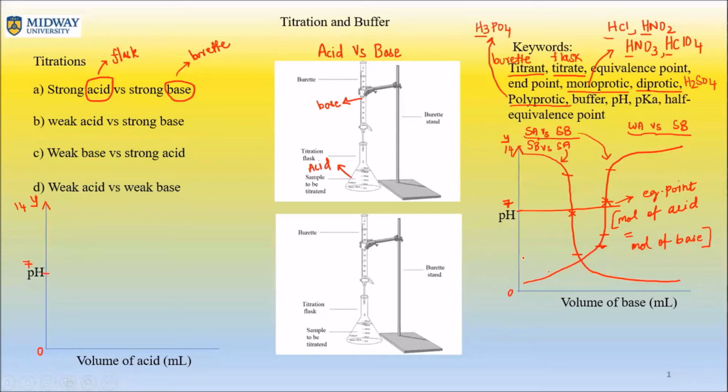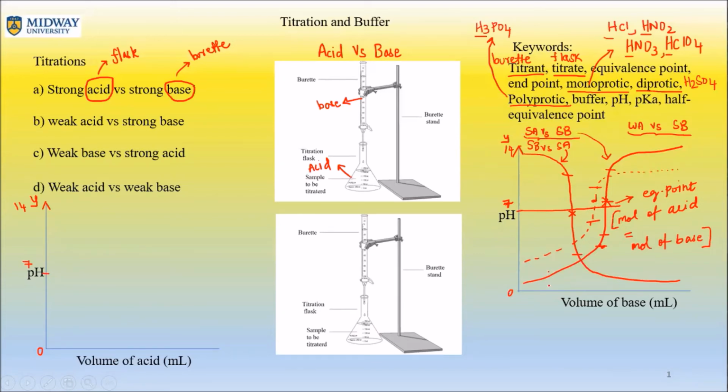So I'm going to redraw the graph, and this time I'm going to use a different legend. Now, if you see that, this is kind of where I'm starting to become flat, right? And if I take half of this, which is somewhere over here, this is above 7, right?